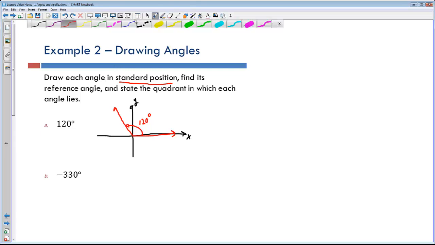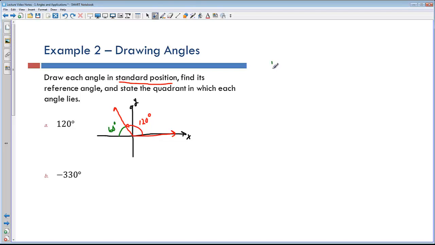So the reference angle is always the smallest angle it makes with the x-axis. So there's basically two angles here. You have 120 with the x-axis, or you have this angle here, which is 60 degrees, because remember to go all the way around to 180. And so that's the reference angle. It's the smallest angle it makes with the x-axis. What's the reference angle?